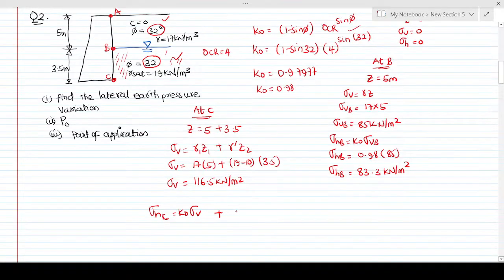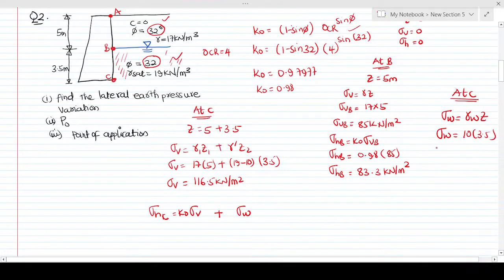But I can add the lateral earth pressure as a result of water to it, so I put them together. At C, lateral earth pressure as a result of water is simply gamma W z, right? So that will be equal to gamma W which is 10, z is 3.5. And so that's going to give me 35 kilonewton per meter square.